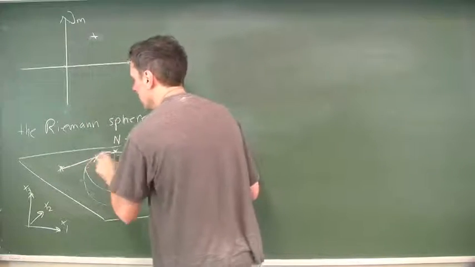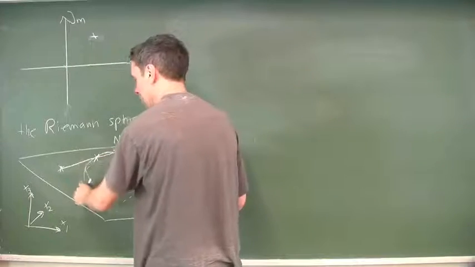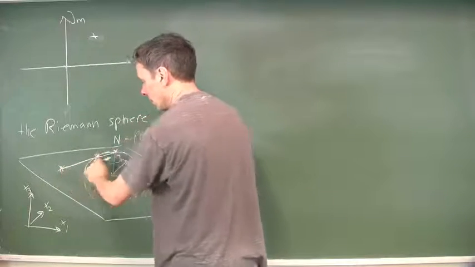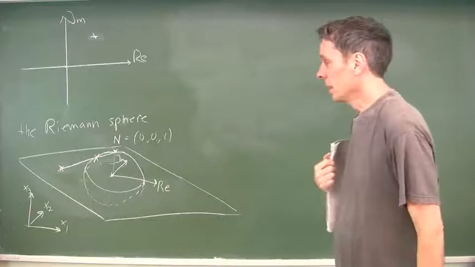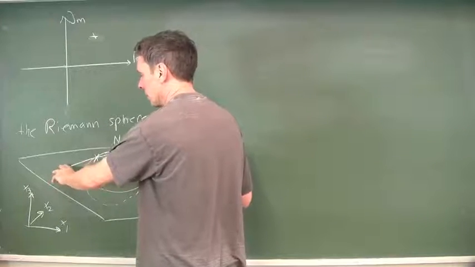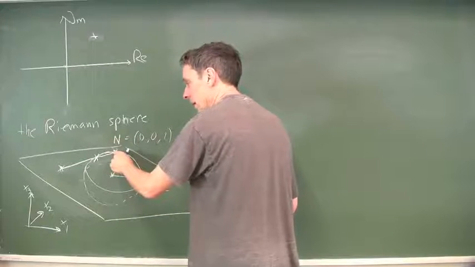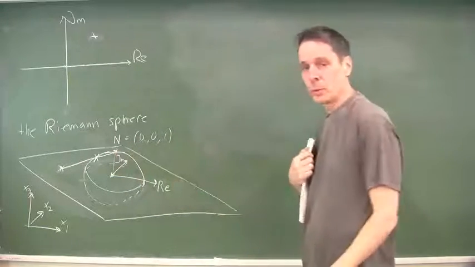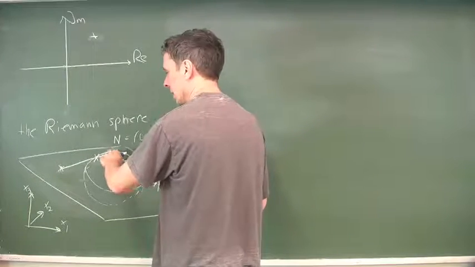And the point where this line intersects the sphere is the point on the sphere which we identify with this complex number. So clearly this will be a bijection of the whole plane with the sphere minus the north pole, because the north pole will not be identified with any complex number.